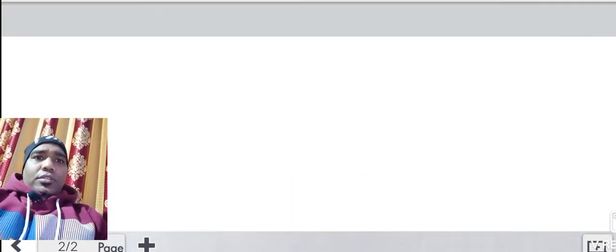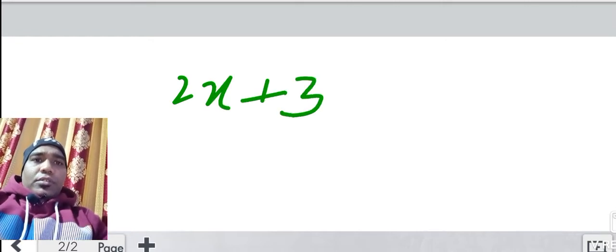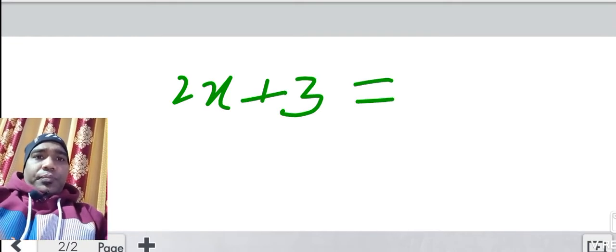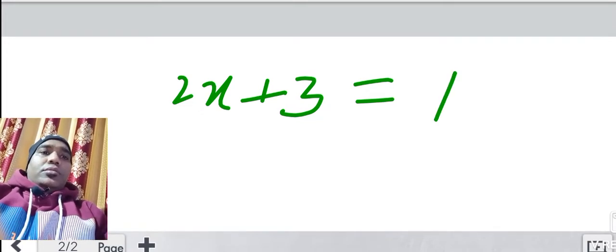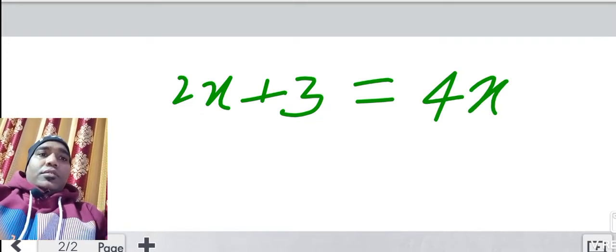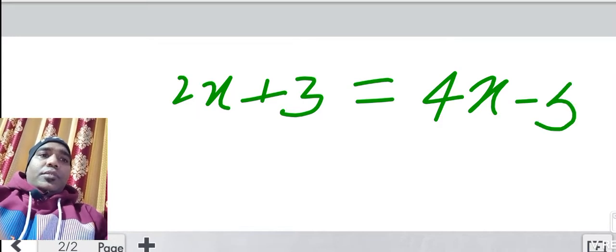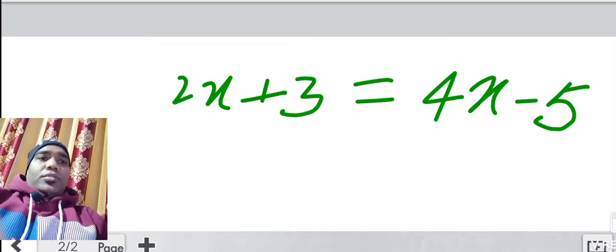Suppose this is your equation: 2x plus 3 is equal to 4x minus 5.